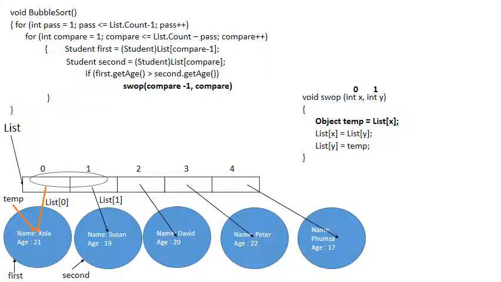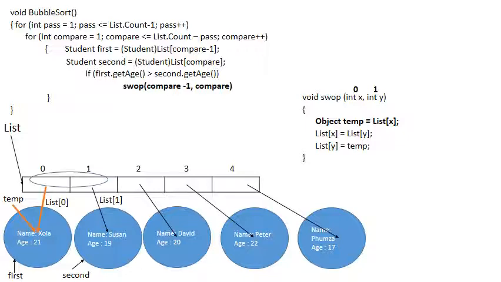Those are the 2 elements that need to be swapped. So our attention now goes to the swap method on the right hand side, and the first statement says object temp is assigned to list X. In English that means temp must point to the object which list X points to. Because temp is typecasted as an object and not as a student, it points to the middle of the object.